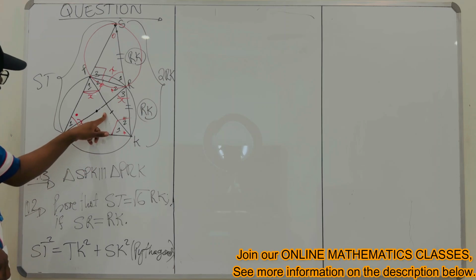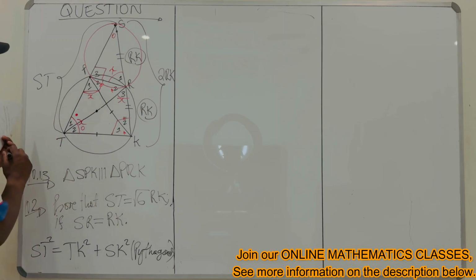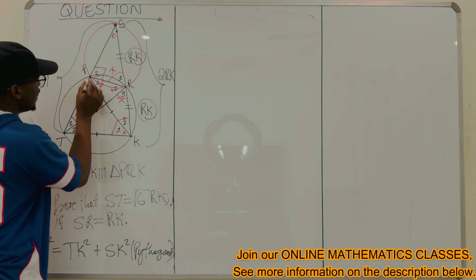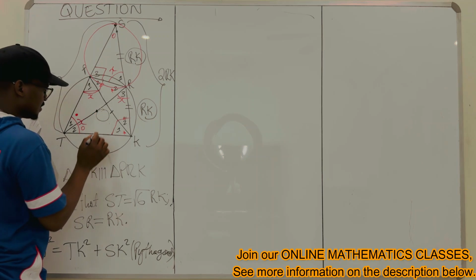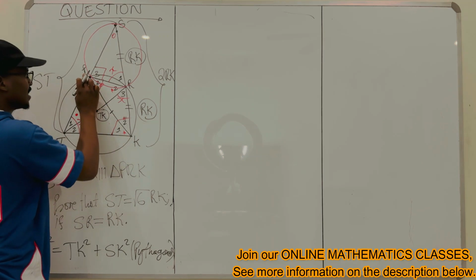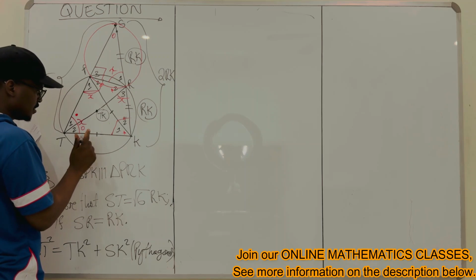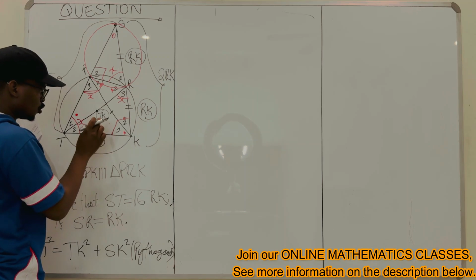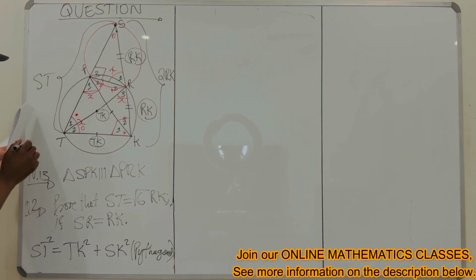Here is TK. TK is equal to PK. So we can think of this length here, PK, as TK, right? Because this length is equal to that length. So if this is TK here, so is that one. Fine.